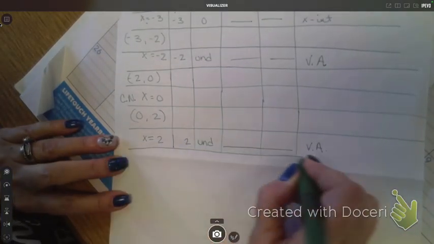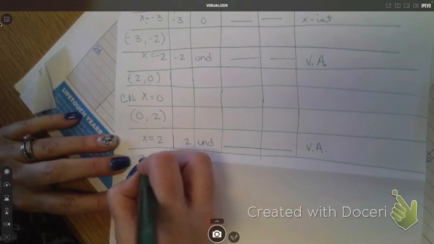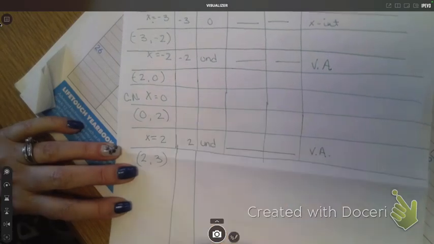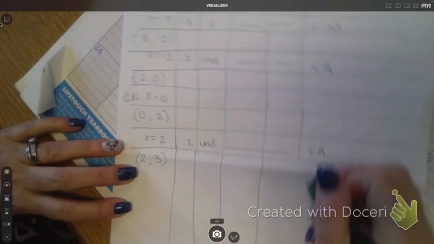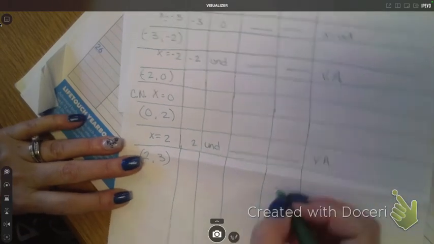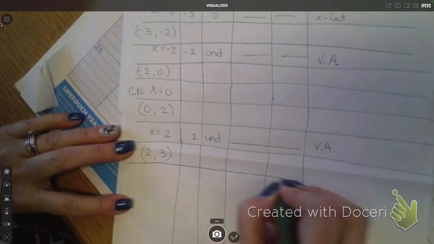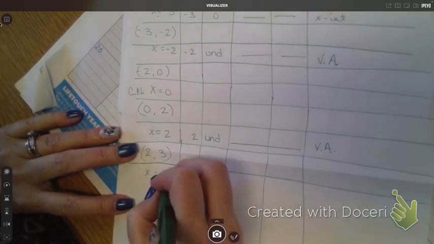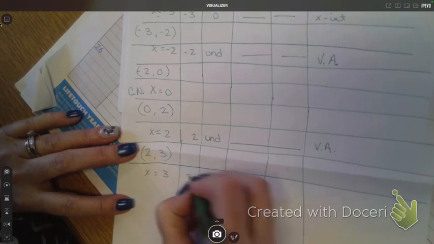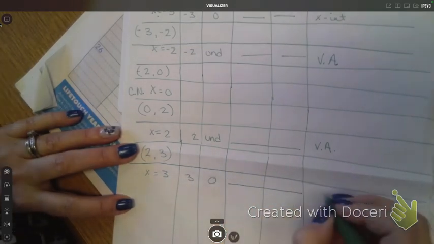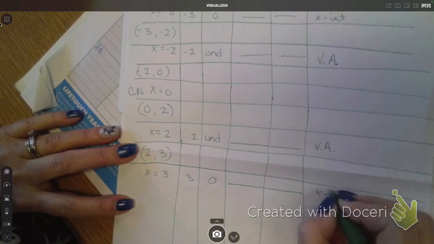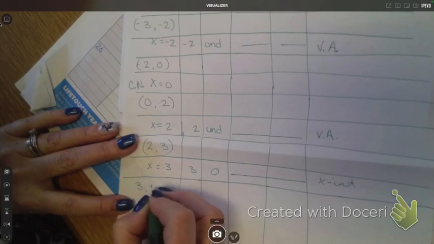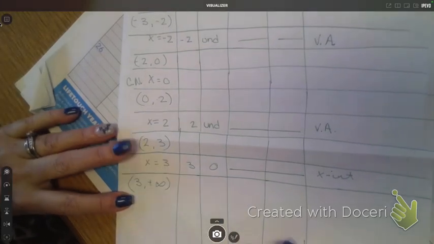And then 2 to 3, and x equals 3. And that was an x-intercept. So 3, 0, x-intercept. And the last one, 3 to positive infinity.